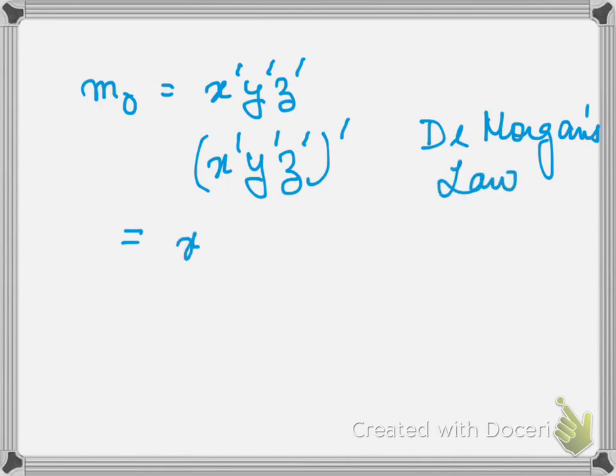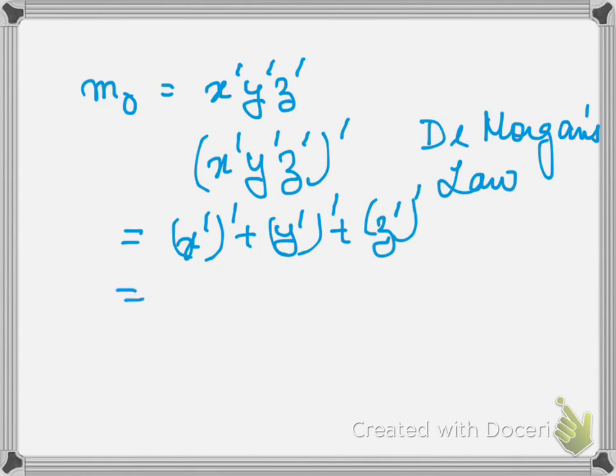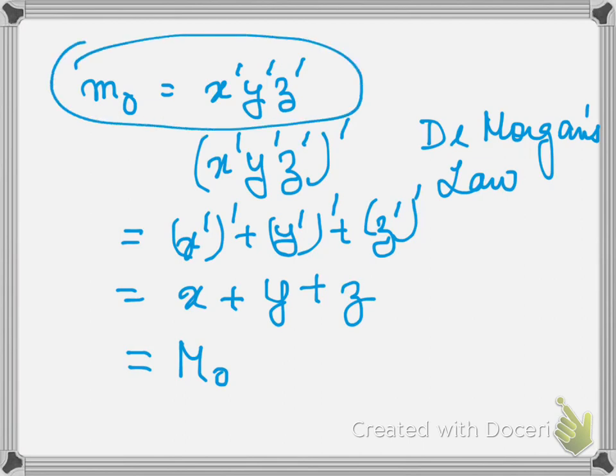I get x dash complement plus y dash complement plus z dash complement, and the complement of complement gives x plus y plus z. Isn't this equal to capital M0? So what I did, I took the min term and took its complement, and I get the max term. So the complement of the min term is the max term, and vice versa. This is something to be remembered.